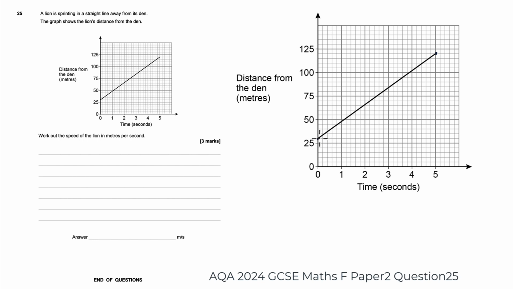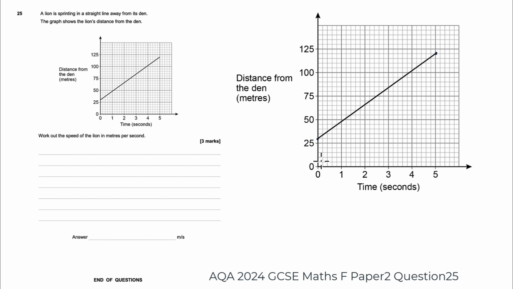And how far away from the den was it when it started running? Well, it's one little square above 25. So we've got to decide what one little square stands for. Well, there's 5 little squares make up 25, and a fifth of 25, 25 divided by 5, will give us 5.